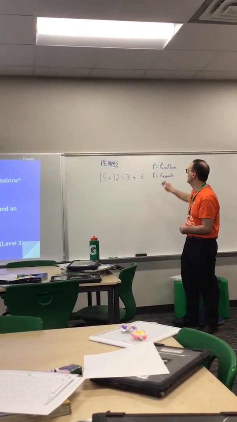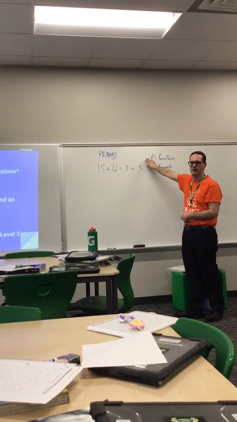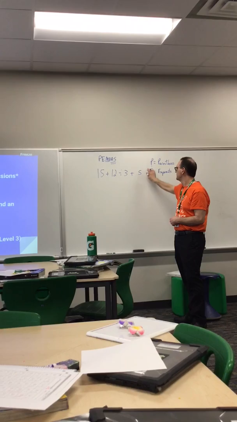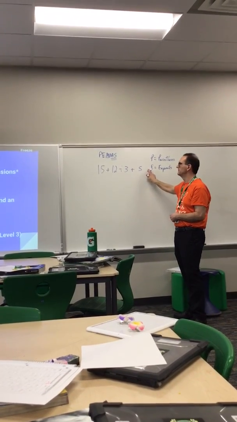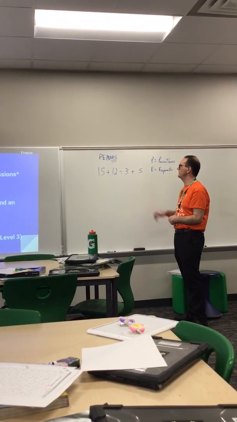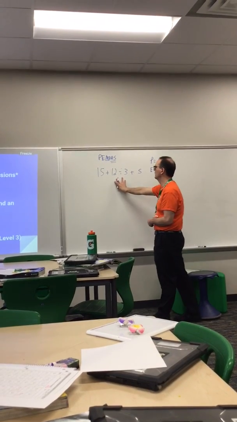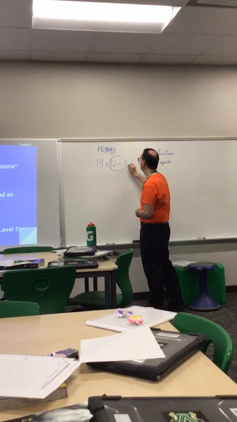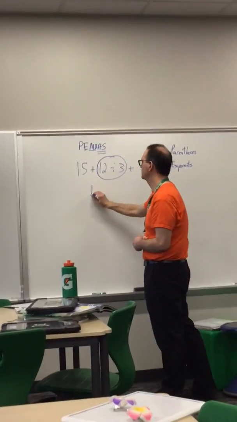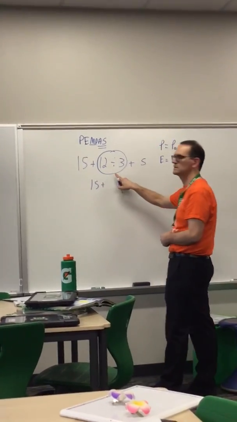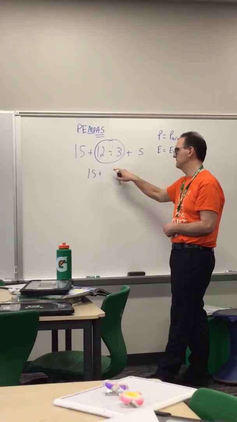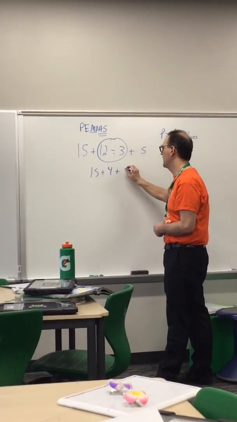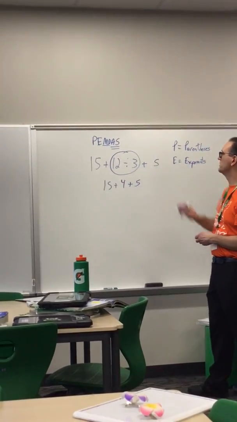So if I follow PEMDAS, let me start. Do I have any parentheses? No. Exponents? No. All right, multiplication or division? Yes, here we go. We have it right here. So we have to do this division first. That gives me 15 plus 12 divided by 3, which is 4, plus 5. Okay, no more multiplication or division.